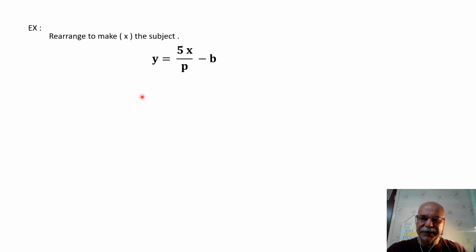This formula says y equal 5x over b minus b. He asked me to change this y into x. In this case, I add b to both sides in order to cancel this minus b.